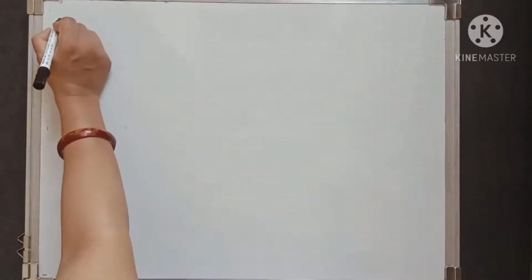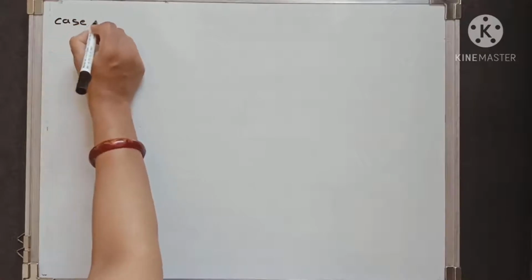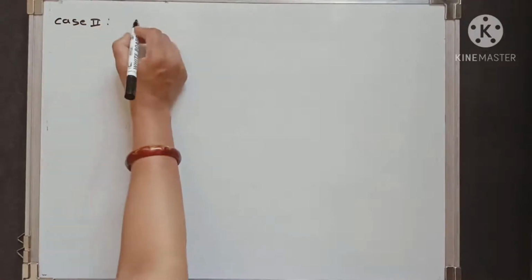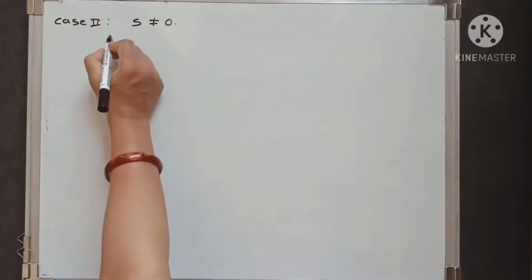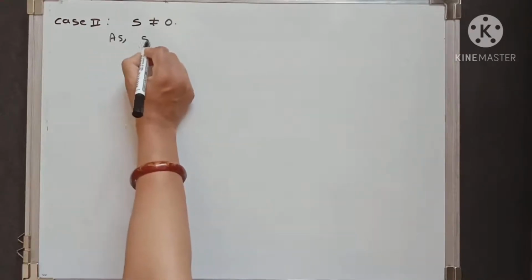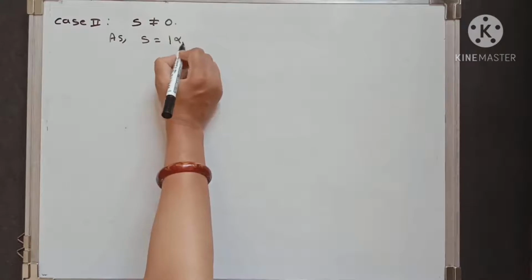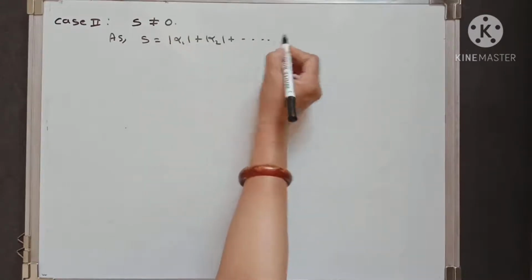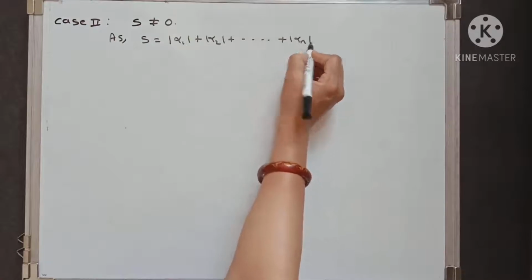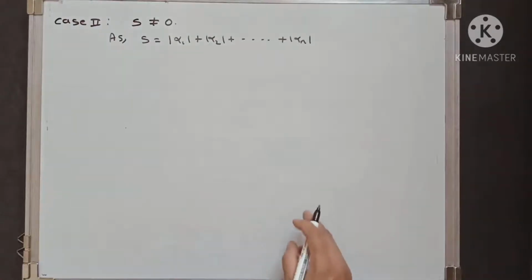Now here in case 2, we consider s that is not equal to 0. But s equals mod of alpha 1 plus mod of alpha 2 up to mod of alpha n, that is the sum of the absolute values.